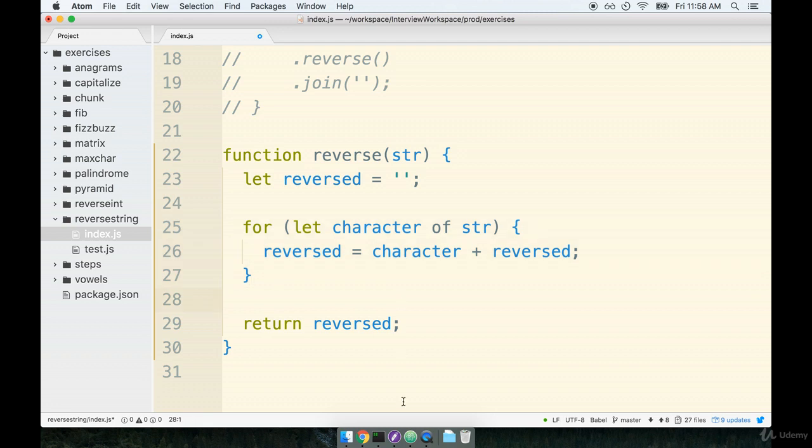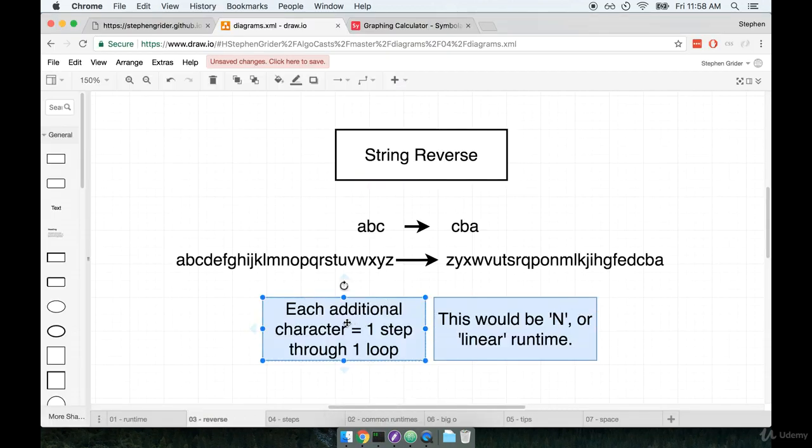So it would be fair to say that as we started to add one additional character to the input string that we threw in there, we had to do one additional step of work. For each one character, one additional step.